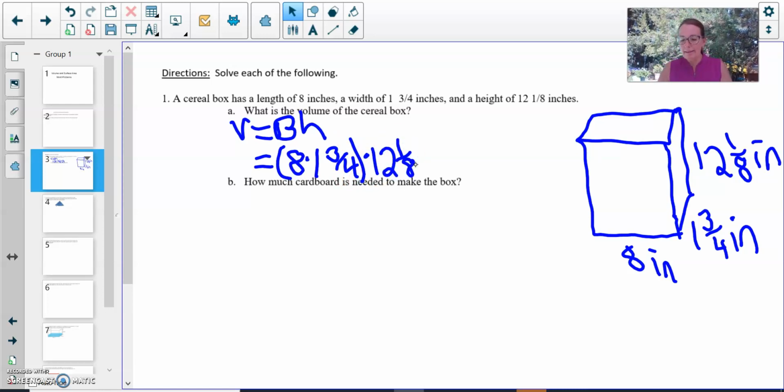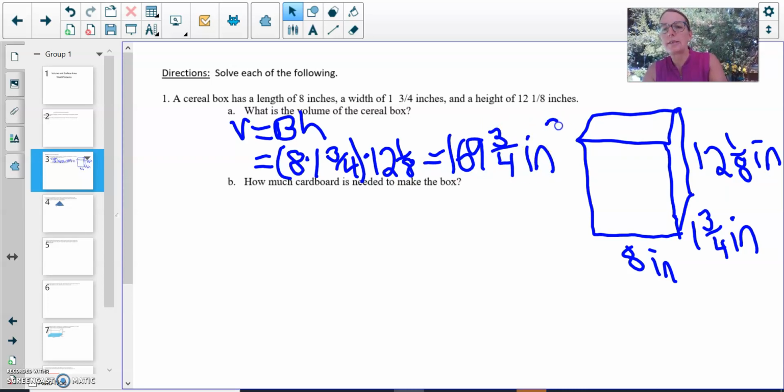I'm going to use my calculator to multiply it out. So I have 8 times 1 3/4 times 12 1/8, which gives me 169 3/4. And our label would be inches cubed.